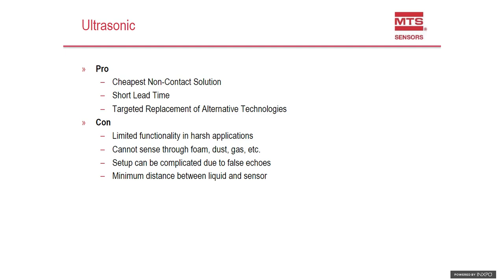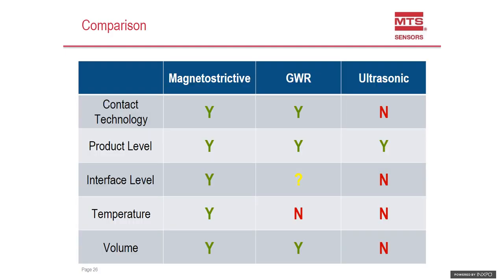The setup can be complicated, so you do get different false echoes from interference in the air. And then the last point would be that you have a minimum distance at the top or the bottom that you are not able to get either the accuracy or any measurement out of. So just common things to be careful of when you look at selecting the level technology.